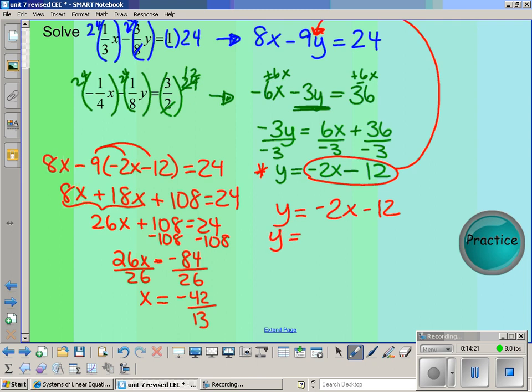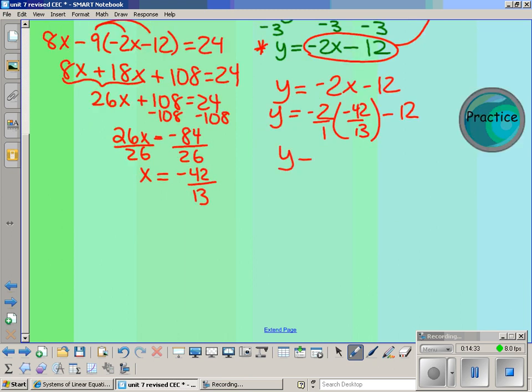So we are going to substitute negative 42 over 13 into the x value. This is the same as negative 2 over 1. So what we'll have is 84 over 13 minus 12 over 1. You can either use your ABC button at this point in math, I don't care how you deal with fractions, or we can find common denominators.